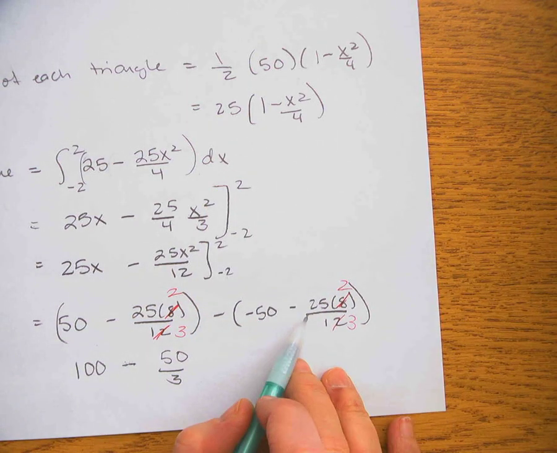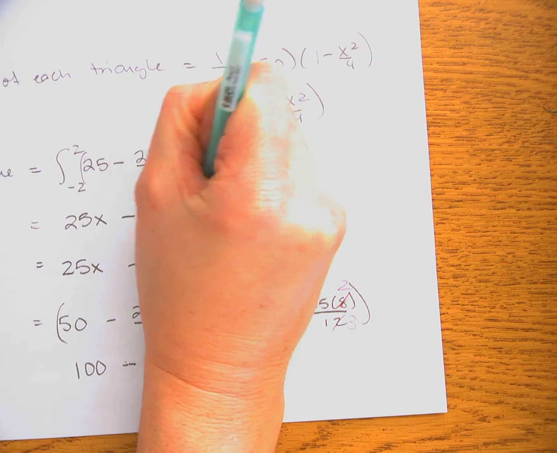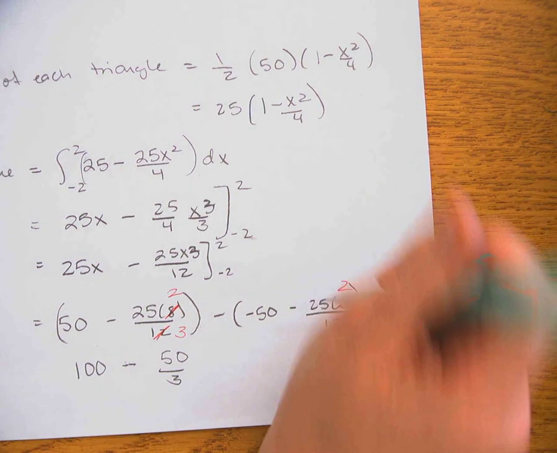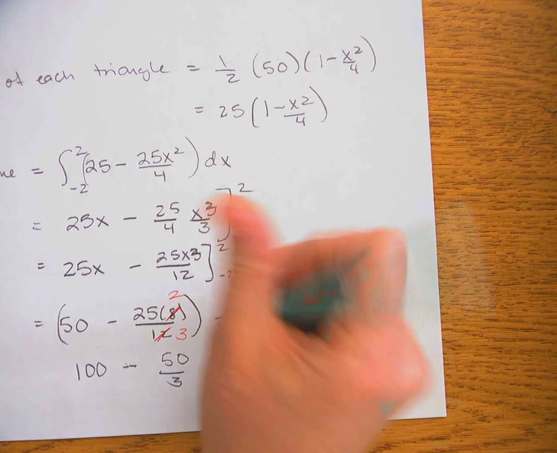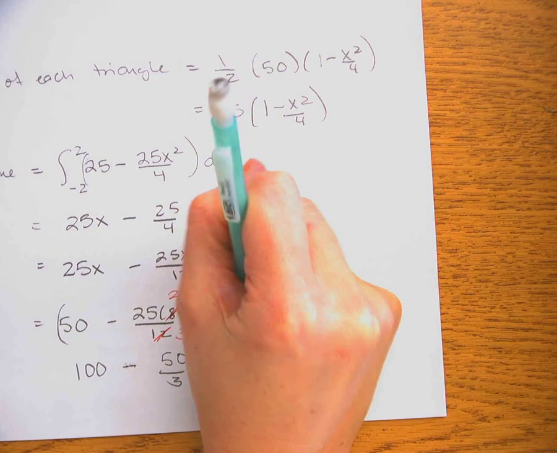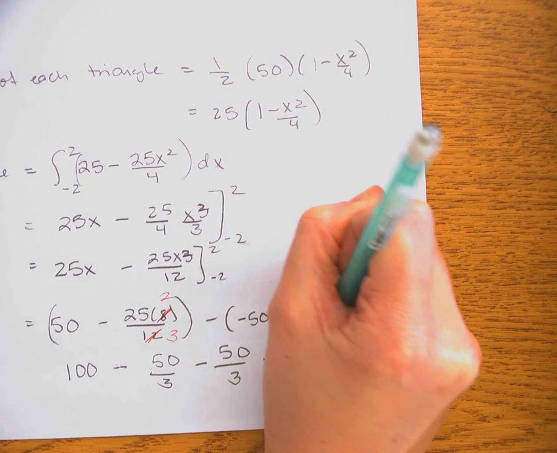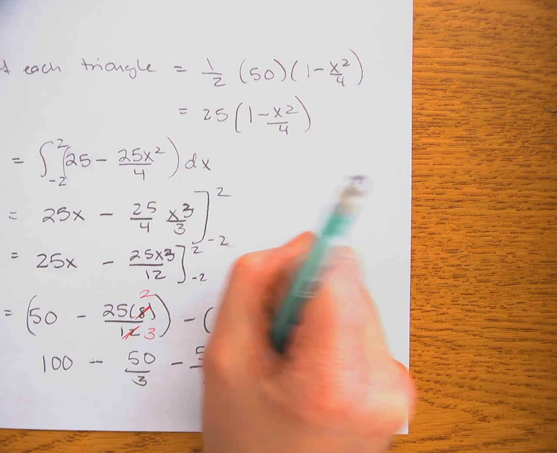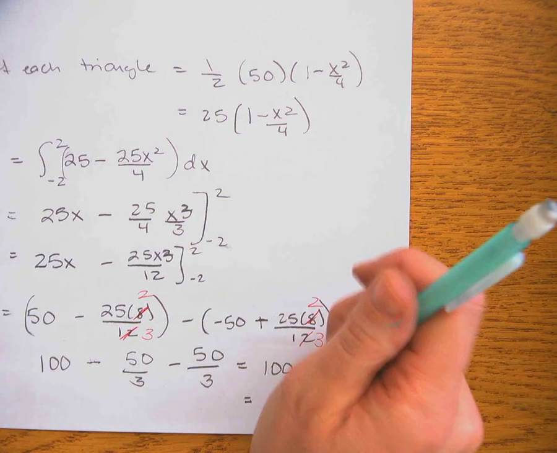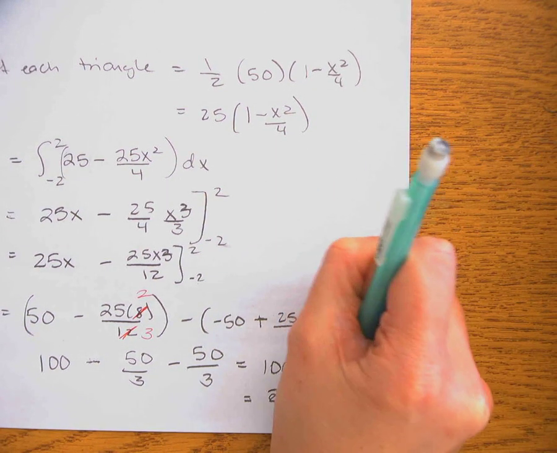Okay, I think this should have become positive somehow. Oh, because this is cubed. Whoopsie. When you cube a negative, it stays negative, so this would become positive. And then I'm subtracting it, so it becomes negative, another -50/3. So think of this as 100 minus 1/3 of 100, which would basically be 2/3 of 100, or 200 over 3 units cubed.